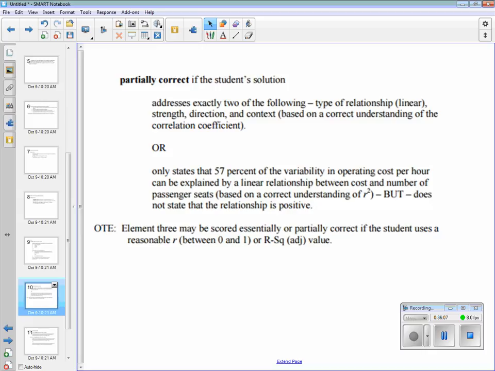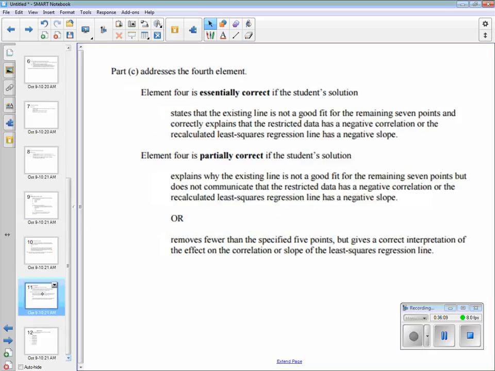Let's look at the last part. I think the last part was the hardest part. It's part C here. It's essentially correct if you state the line is not a good fit and explain that it would make it negative. So you needed to be able to say both of those things. You had to say the word no, and that if you omitted those points, it would make it a negative line.